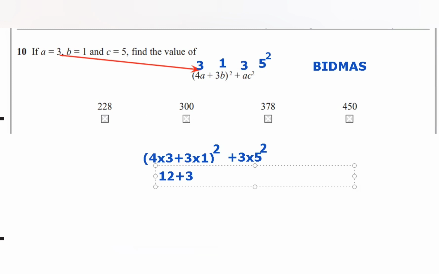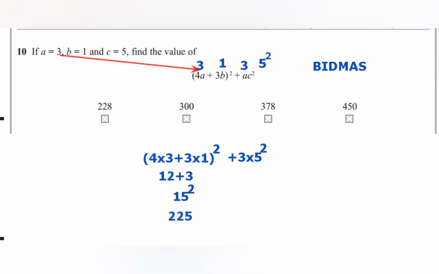And then this one is what? 15. Good job. And the 15 is squared, so I put squared on top of it. And then when I square the 15 using the calculator, of course I have to use a calculator, it's going to be 225. So I finished what's inside the bracket.